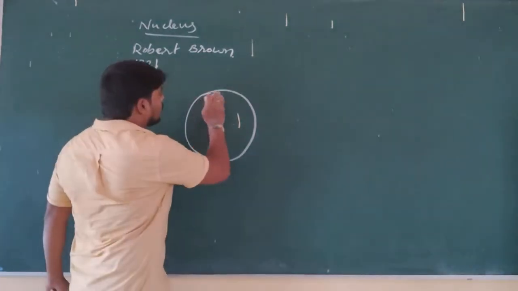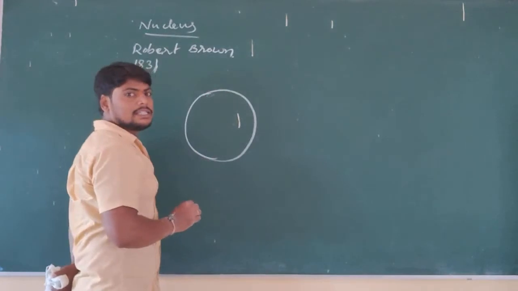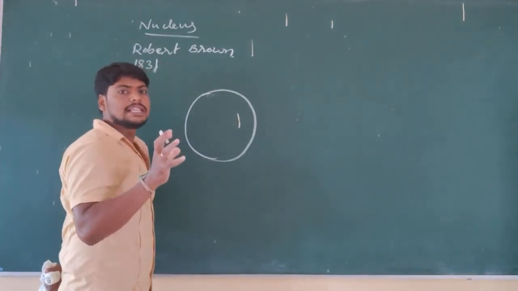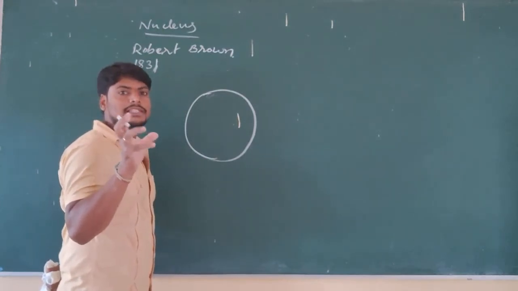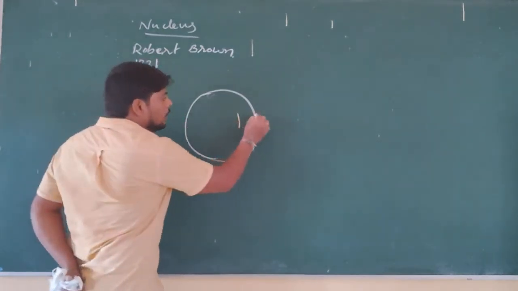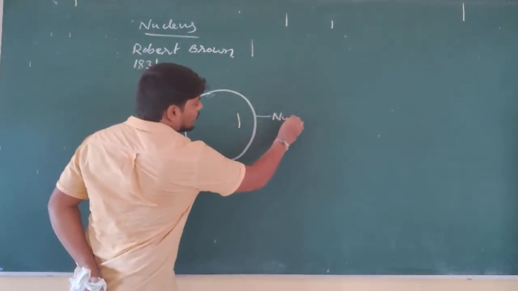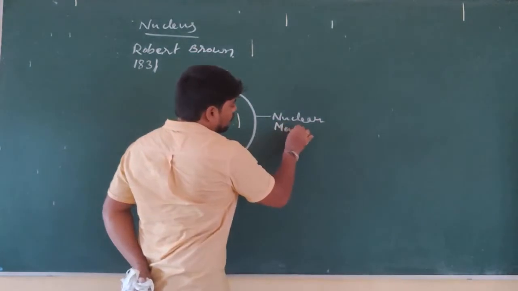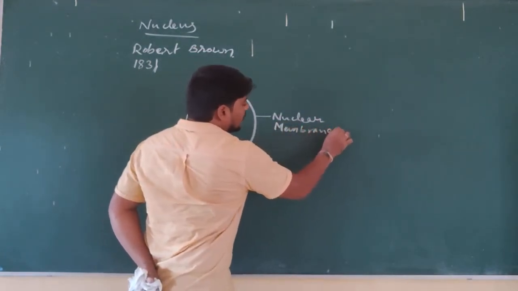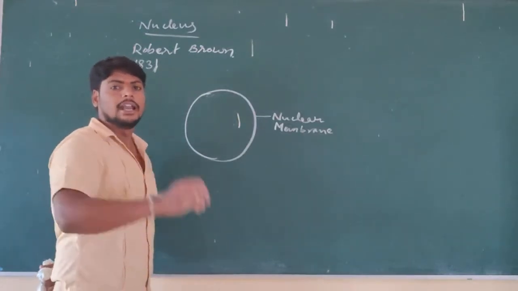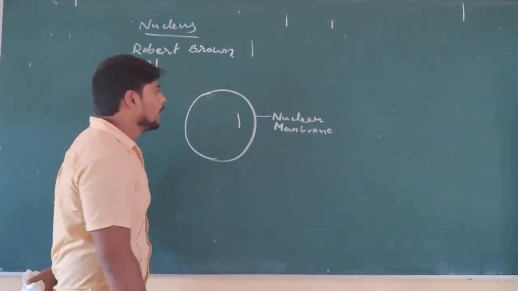The nucleus is separated from the cytoplasm of the cell by one covering or membrane called the nuclear membrane. What is it called? Nuclear membrane, which separates the nucleus from the cytoplasm and other internal organelles of the cell.